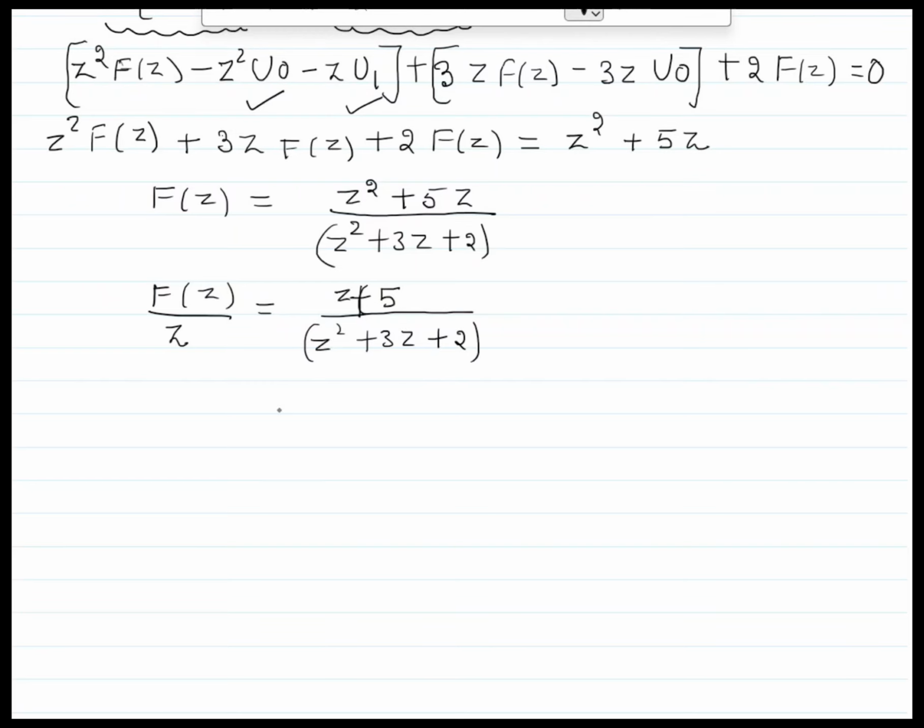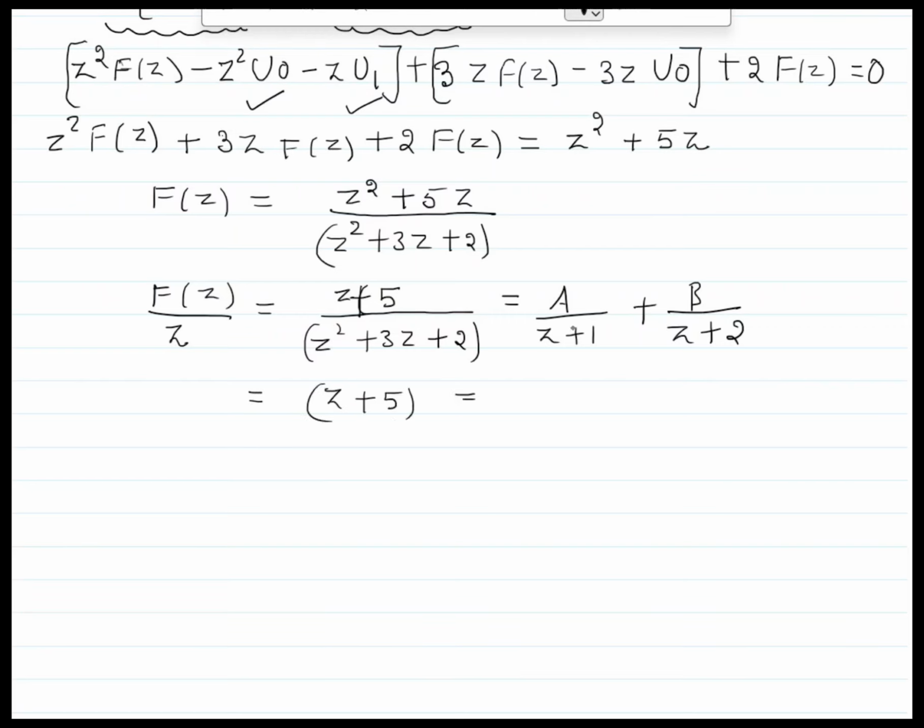Now we know how to form the partial fraction. Everyone knows how to form the partial fraction. What is the partial fraction of this? We can write A upon Z plus 1 plus B upon Z plus 2. We can find this A and B. So we are writing this equal to this, so I can just simplify this as Z plus 5.